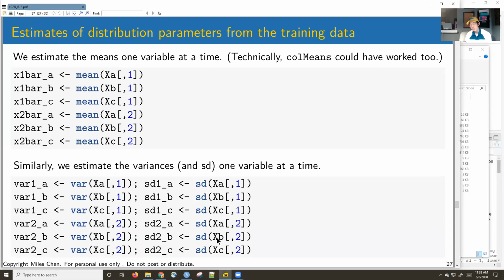There are going to be a lot more parameters to estimate, but they're actually a lot easier to estimate.